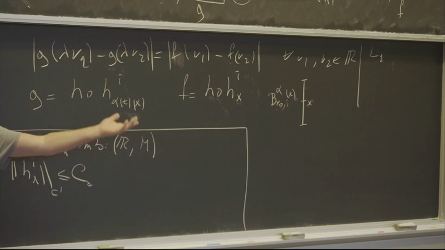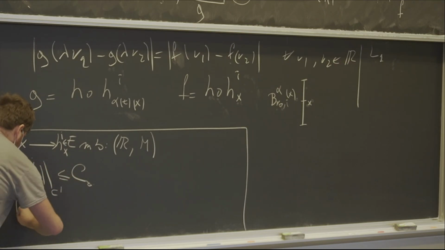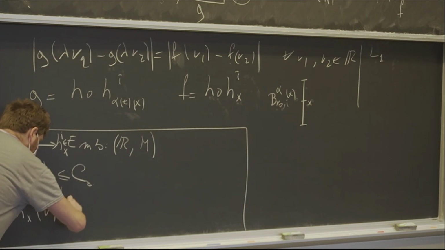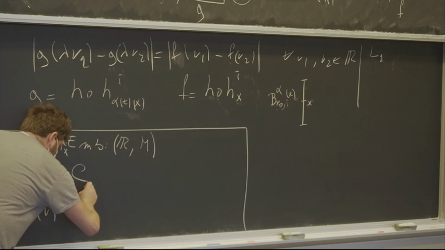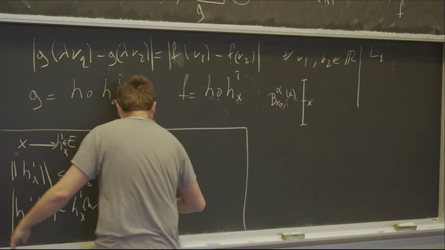We have the measure on the manifold, we take conditionals, and then we bring it into R. But the truth is that this C1 norm is less than C0, which means that hxi of b minus hxi of w is less than C0 times |b minus w|.